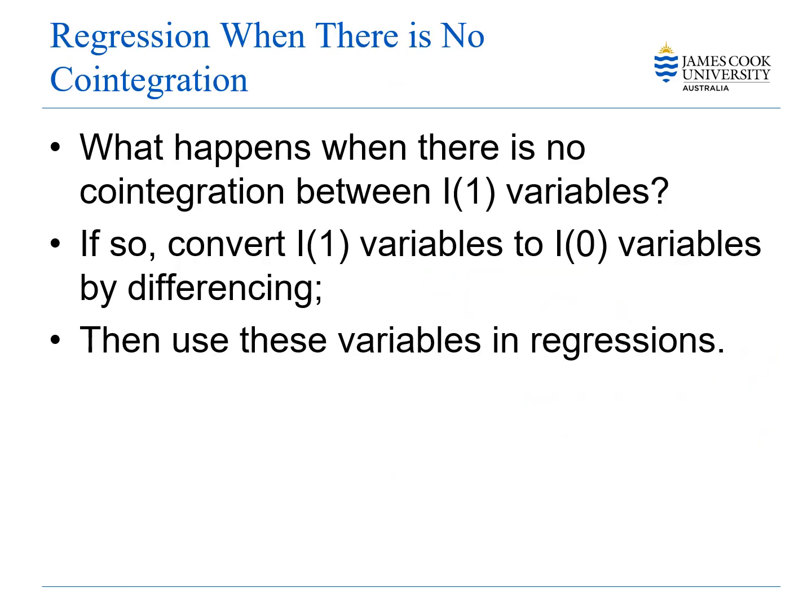Alright, what happens when there's no co-integration between I1 variables? One way to accommodate this is to convert I1 variables into I0 by first differencing, then use the differenced variables in the regression. That's the easiest way to accommodate the I1 variables.